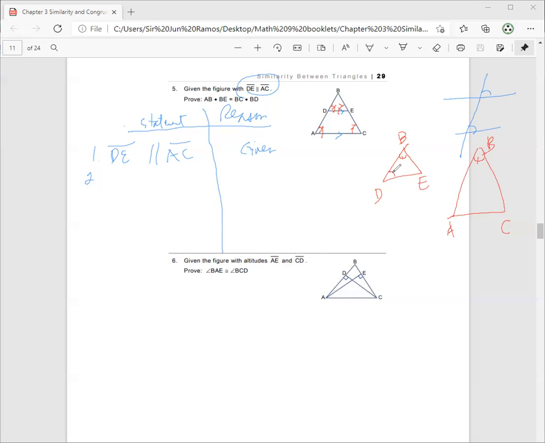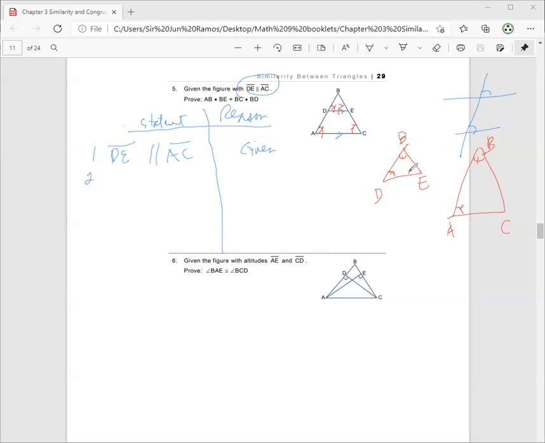So this one here is congruent to this one. So I now have two corresponding angles congruent, and I can already say that these triangles here are similar. But let me go on.